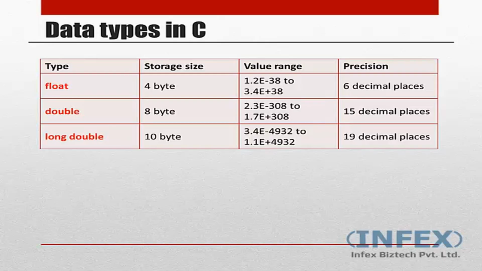Double, its storage size is 8 bytes, which is double the float, with the given value range, and its precision is 15 decimal places. Long double, its storage size is 10 bytes, holds up to the given value range, and its precision is 19 decimal places. So this was the introduction to basic data types in C.